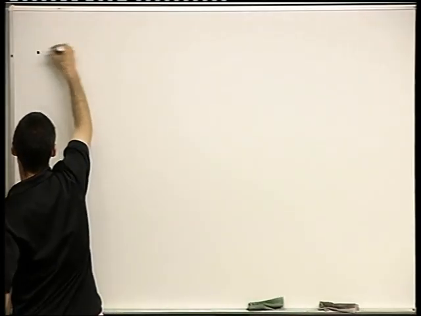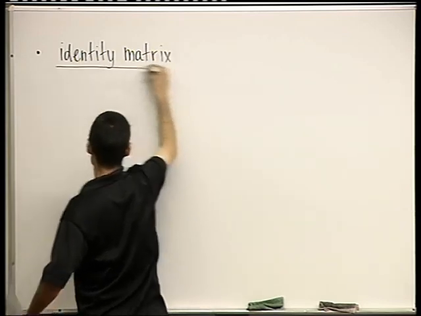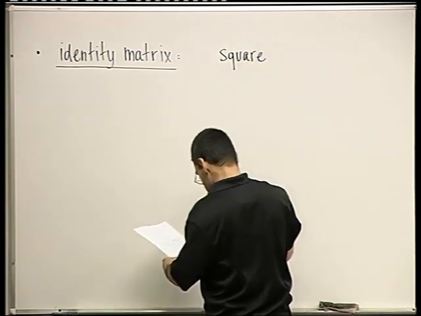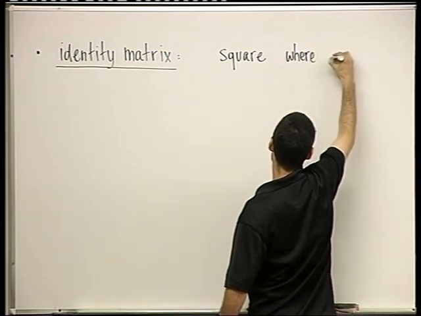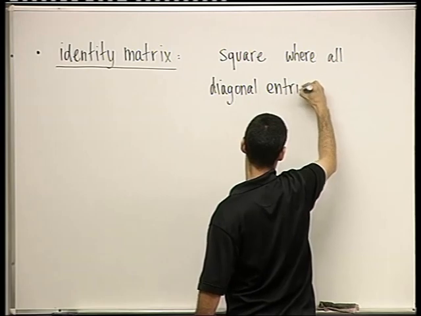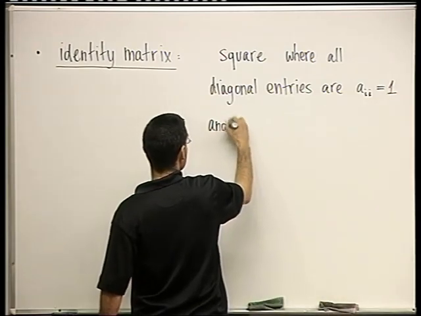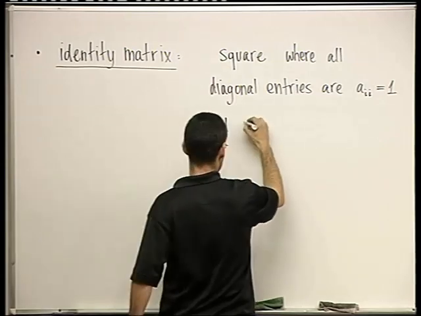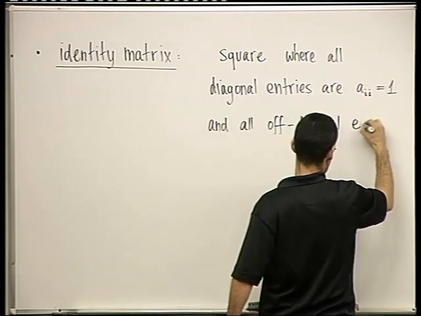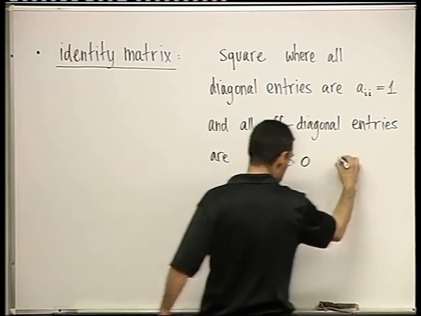So the identity matrix is a square matrix, it has to be square, where all diagonal entries are ones, aii equals 1, and all the off-diagonal entries, and by diagonal I mean main diagonal, are aij equals 0 for i different than j.